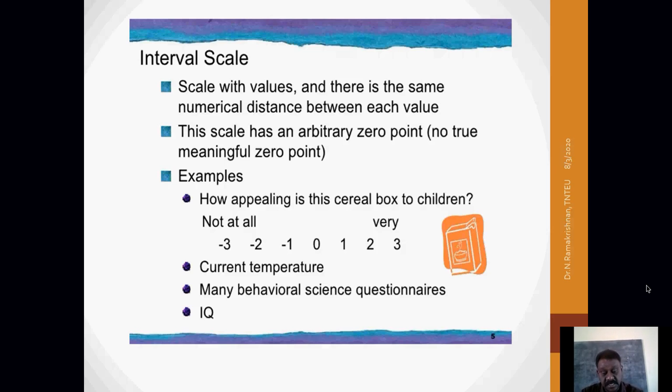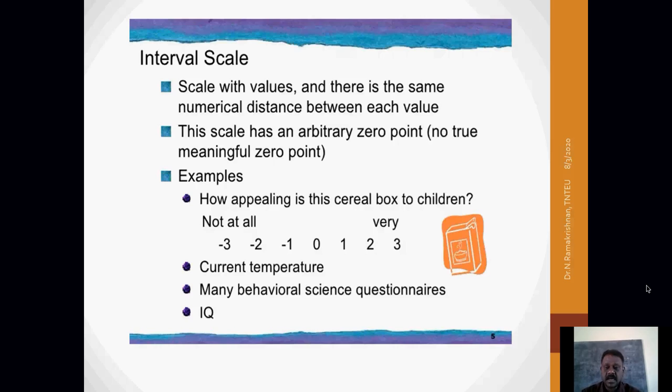Current temperature, many behavioral science questionnaires, IQ, these are examples, and this is a linear type of scale. How appealing is this cereal box to children? Here, not at all is denoting -3, then -2, -1, 0, 1, 2, 3. 3 means very appealing.